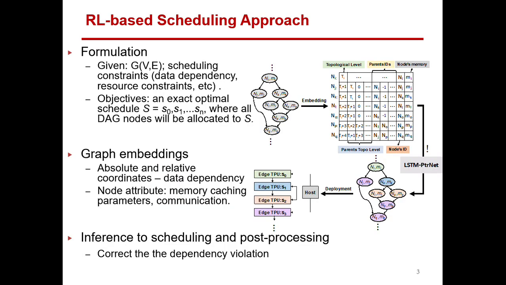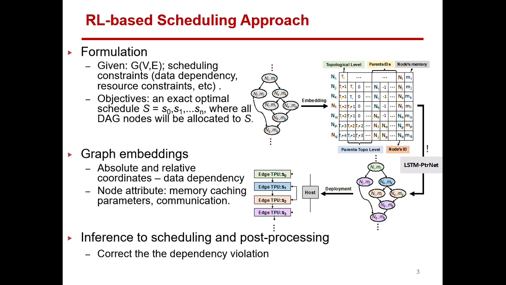This is our scheduling formulation. The input will be a DAG, the computation graph, and the scheduling constraints, which contain the data dependence and resource constraints. The output objective will be an exact scheduling. All of the nodes in the computation graph will be assigned into a given number of stages. The input information will be embedded.